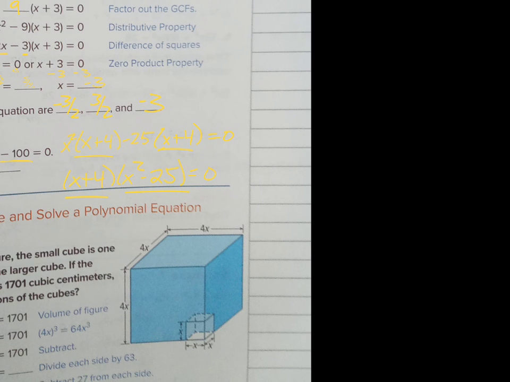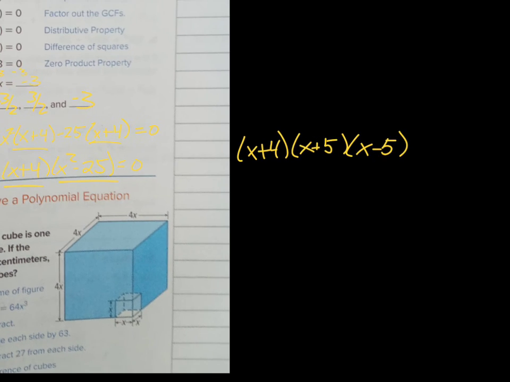So then it's going to be the x plus 4. The square root of x squared is x. The square root of 25 is 5. One gets a plus, one gets a minus. We still have them set equal to 0. Now we can set each of these factors equal to 0.